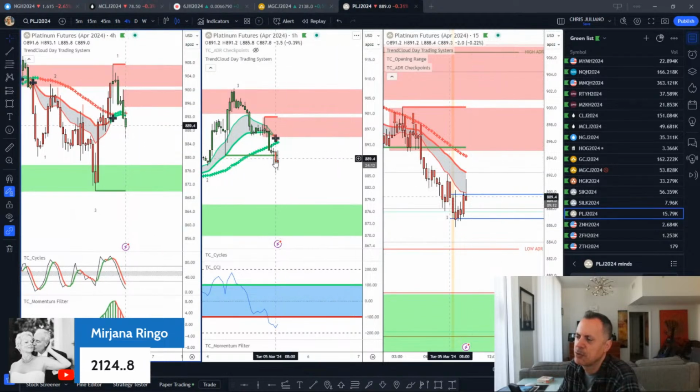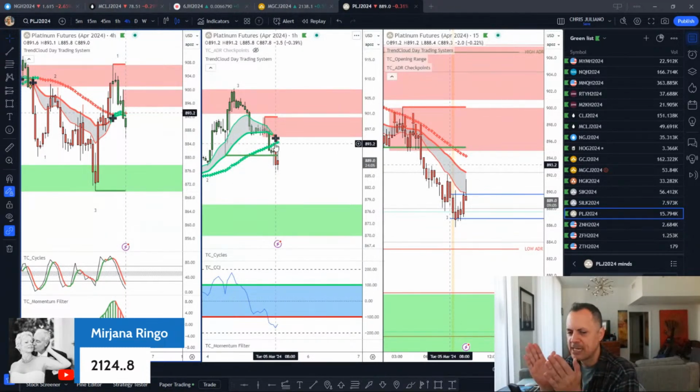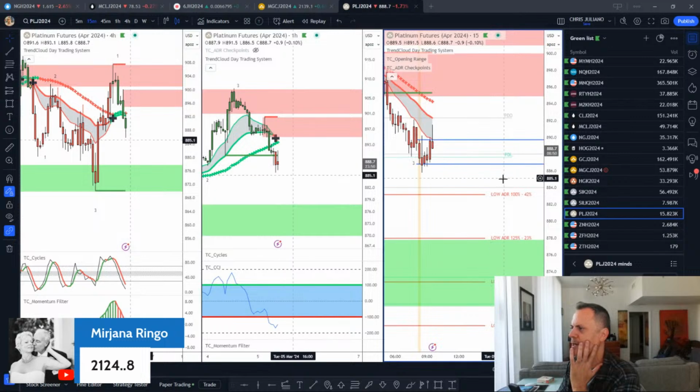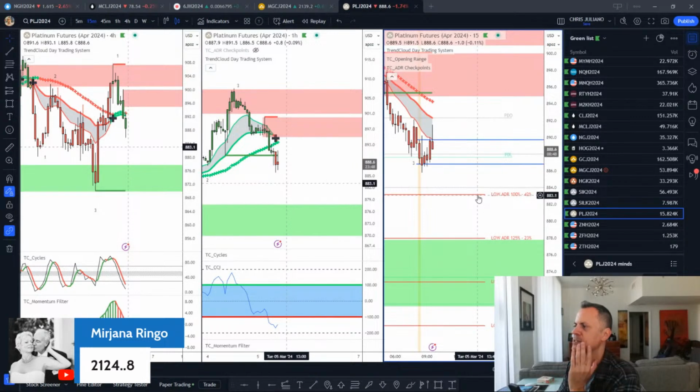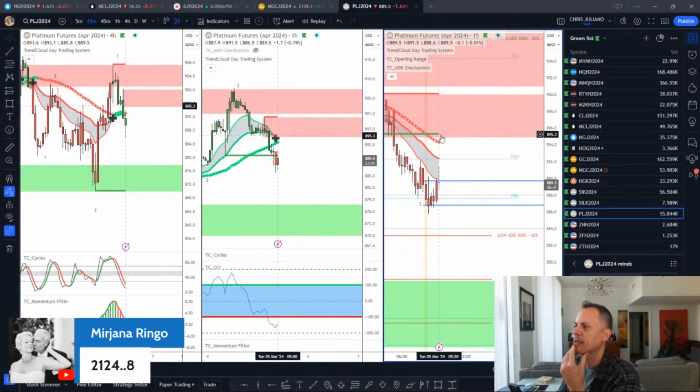But price is being pulled like a rubber band here because that 50 simple is still green and facing up, yet the candles are below it. That's that pseudo trend that I talk about sometimes. ADR checkpoints to the downside right here. So we might get this deep pullback.